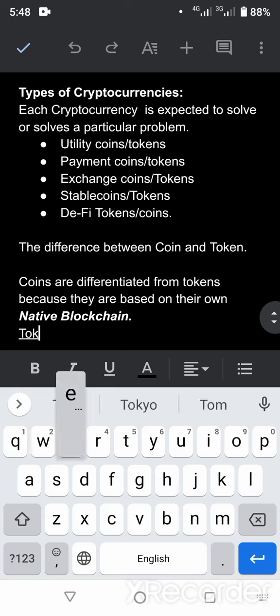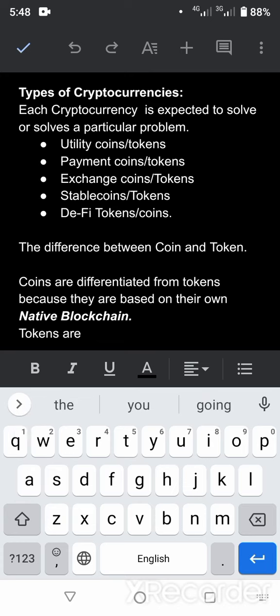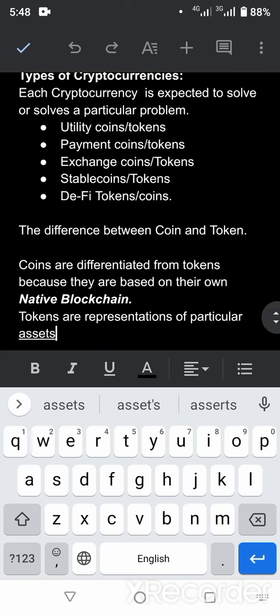While tokens on the other hand are, correct? Yeah, representations of particular assets or utility in a blockchain.